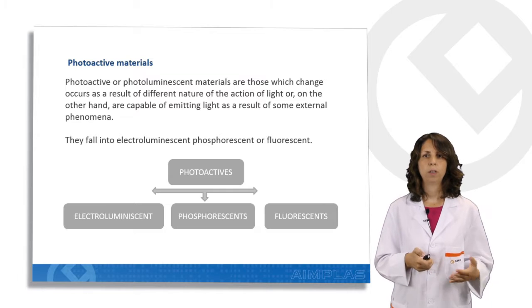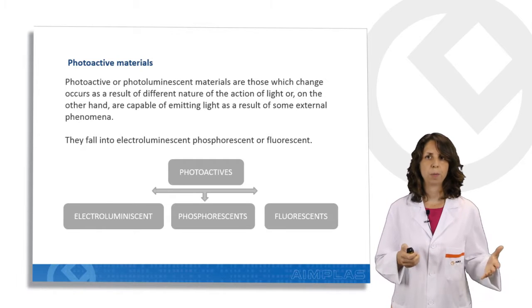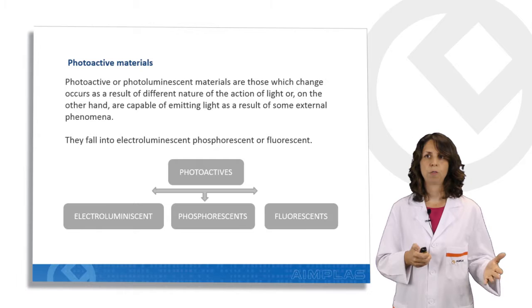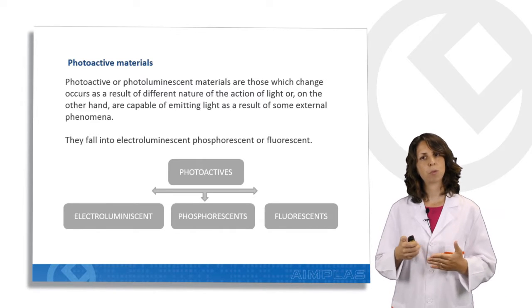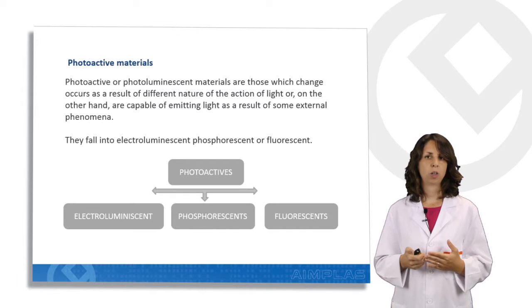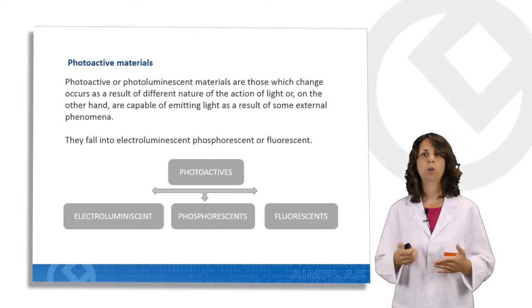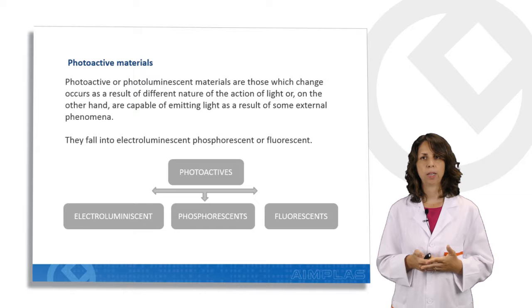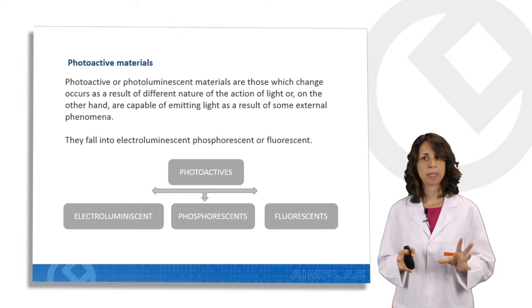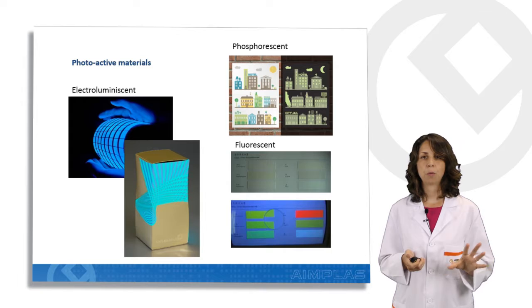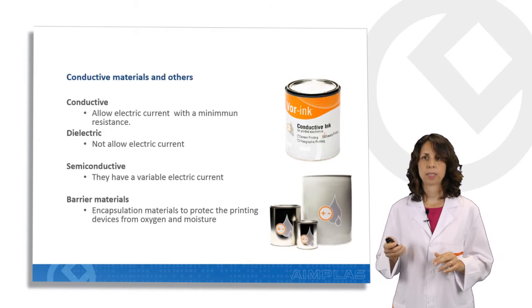There are other materials such as photoactive materials. Photoactive or photoluminescent materials are those in which a change occurs as a result of the natural action of light or of other emitting lights. We can classify photoactive materials in electroluminescence, phosphorescence, and fluorescence. Here we can see some examples applied to packaging or signage.